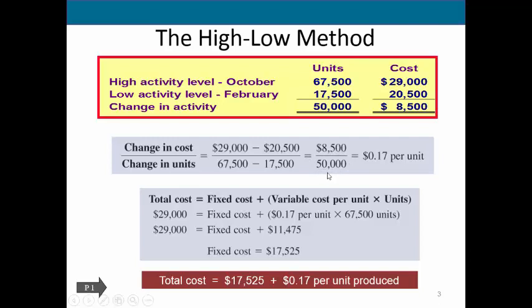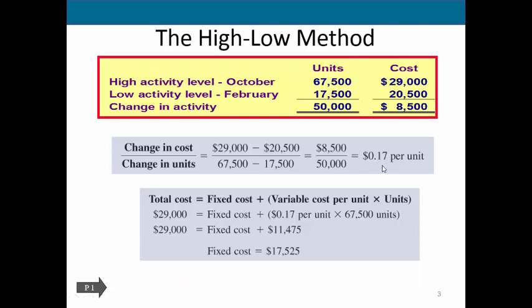What that tells us is that the change in our cost due to the change in our units is due to our variable costs, because remember, it's only our variable costs that vary in total based on our activity. And when we calculate $8,500 divided by the change in units, that tells us that our variable costs are 17 cents per unit. So let's go back and talk about this.